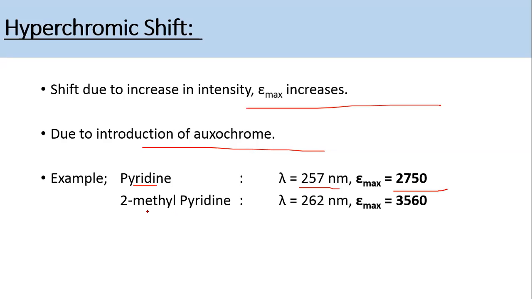But in the case of 2-methyl pyridine, the Emax value has increased to 3560. So intensity is increased suddenly by the addition of one methyl group at the second position. This methyl group can be considered as an oxochrome, and this mainly causes the shift of the intensity towards the higher side. Therefore it is considered a hyperchromic shift.